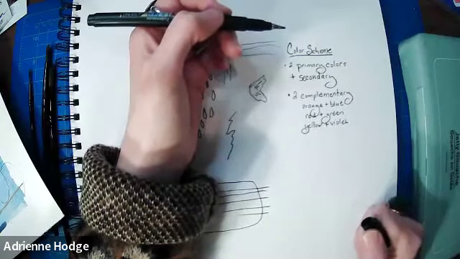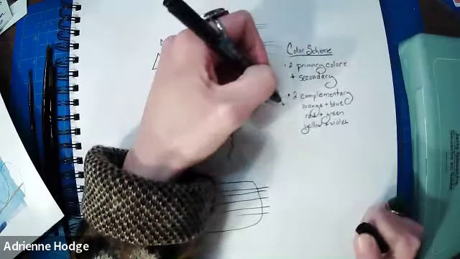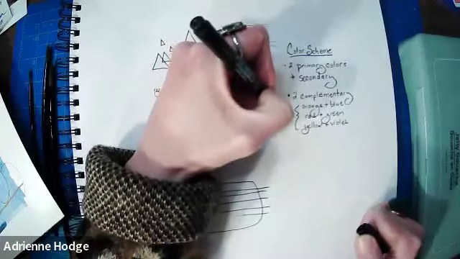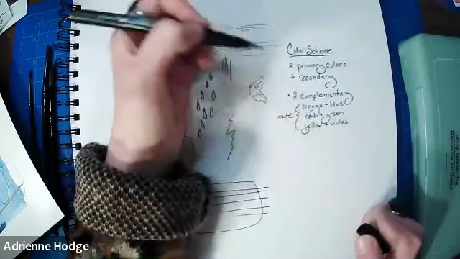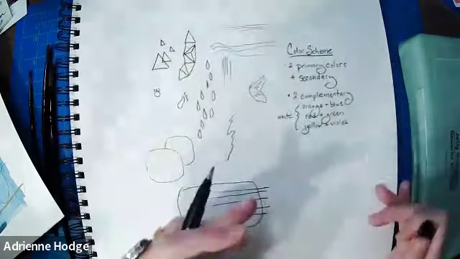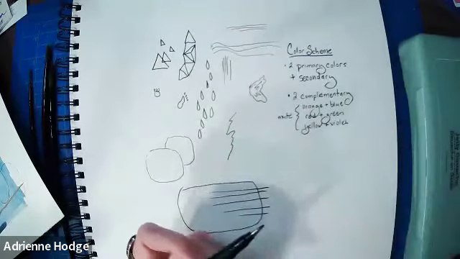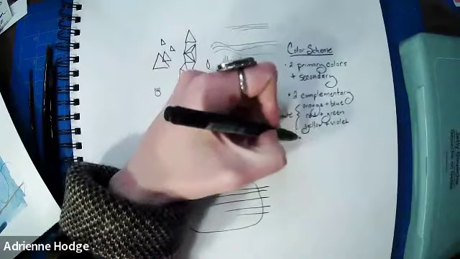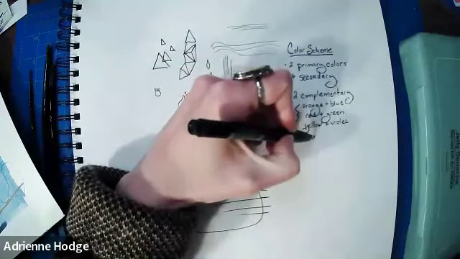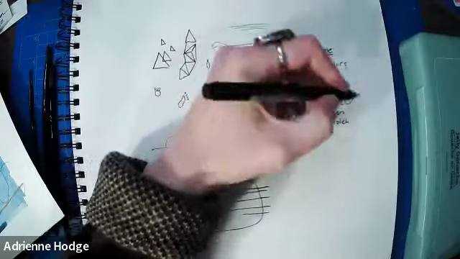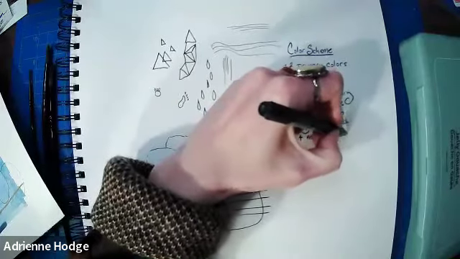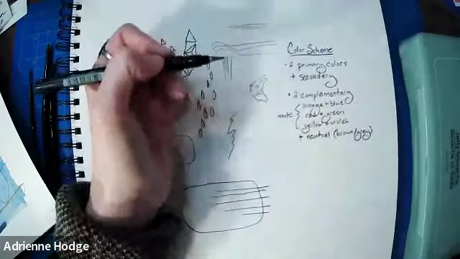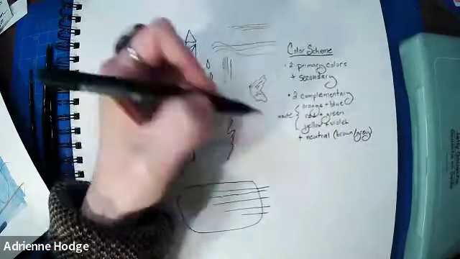So rather than using your brightest orange, I would use kind of a muted orange or a muted red or a muted yellow so that it's not quite so overpowering. So you might start with the two complementary colors and then add a neutral color like brown or gray. So that might be a nice color scheme as well.